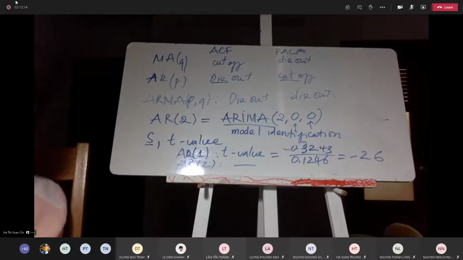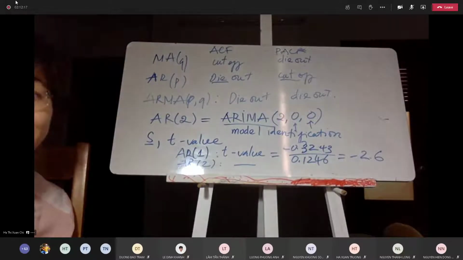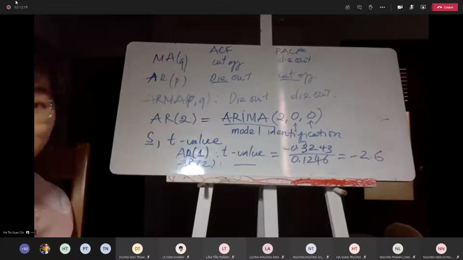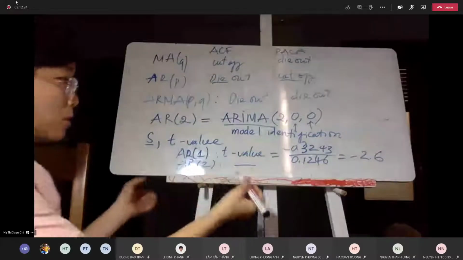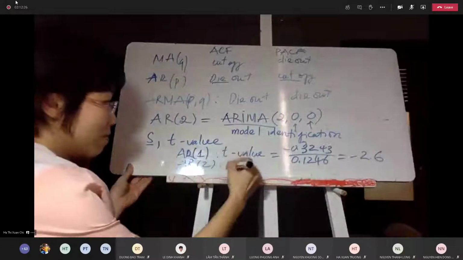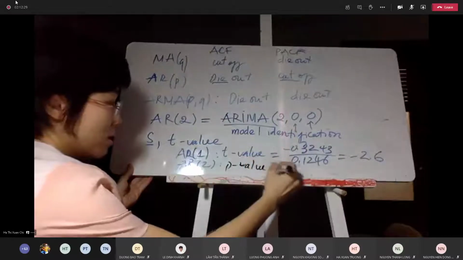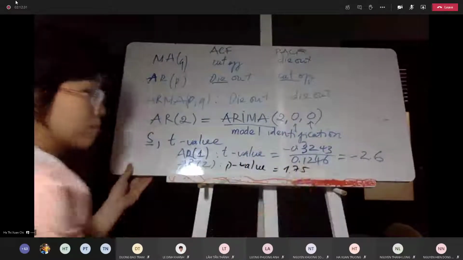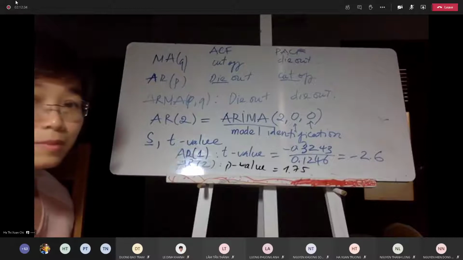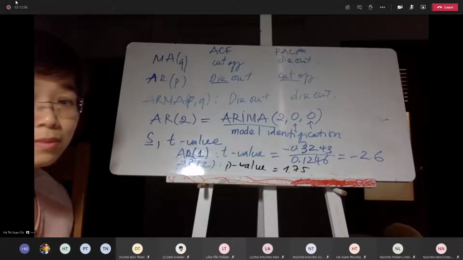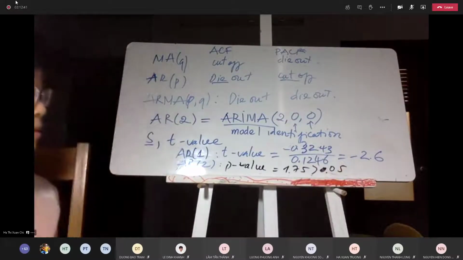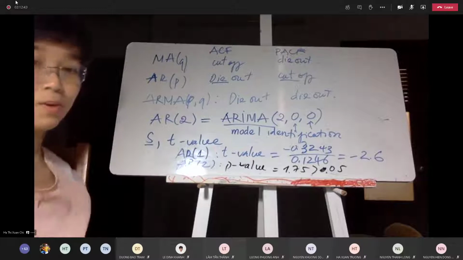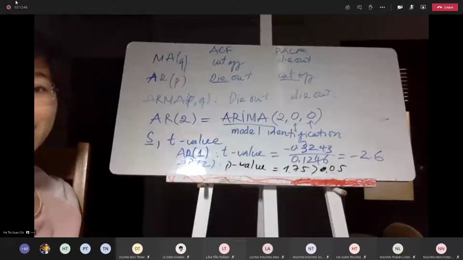So here it is greater than 0.05, so we do not reject. We just calculate the p value here. If it is greater than, we keep that.